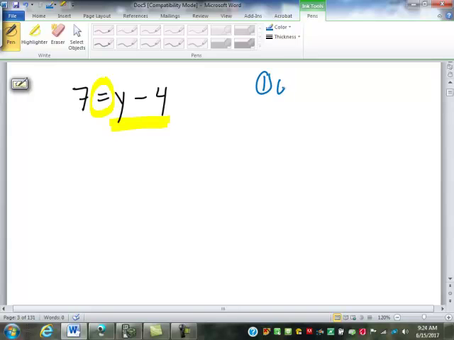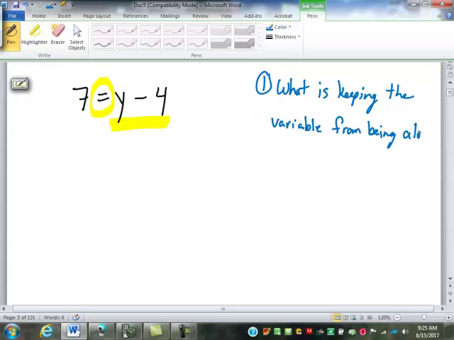Question 1, what is keeping our variable from being alone? Well, in this case, what's keeping my y from being alone? The 4, yes.